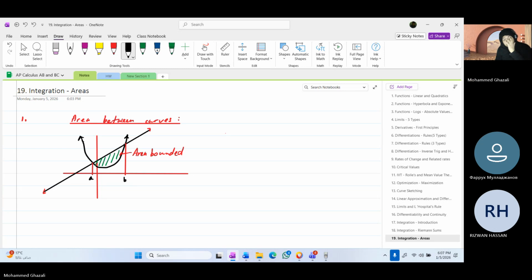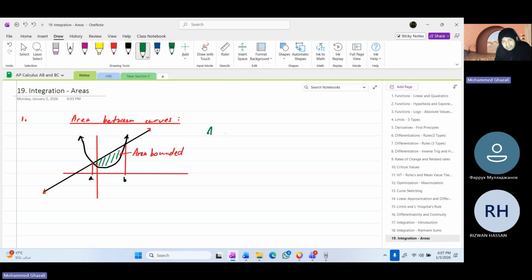Now, if you're trying to find the area bounded between A and B, you can clearly see that it's the area under the straight line function minus the area under the quadratic function.